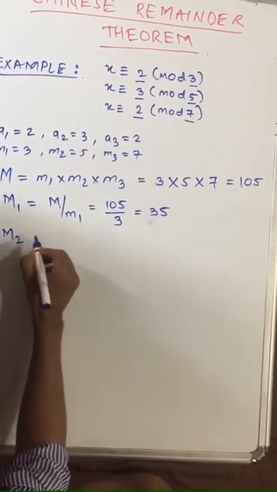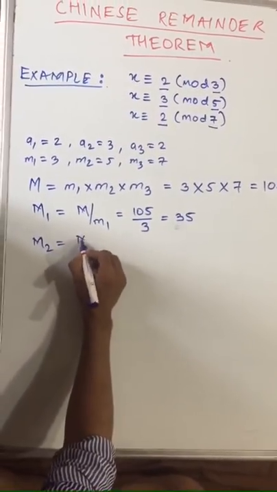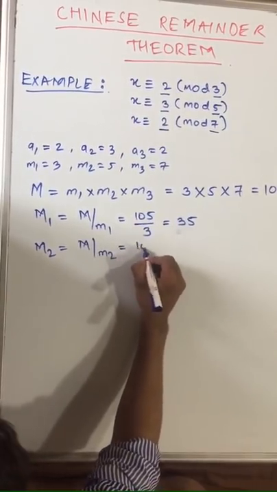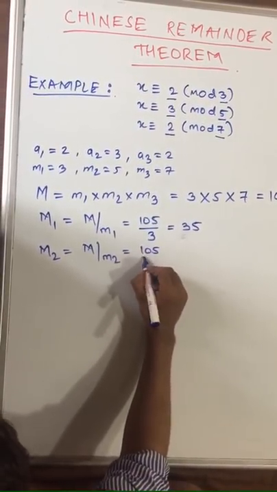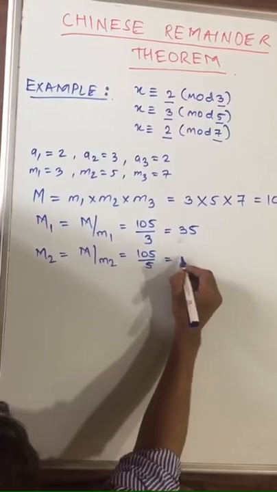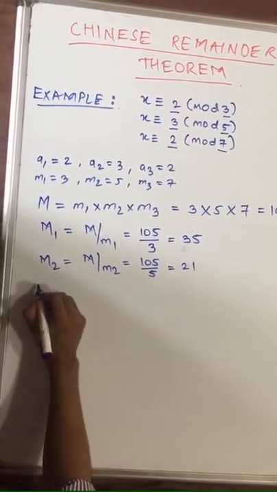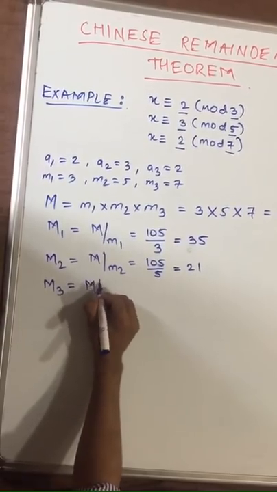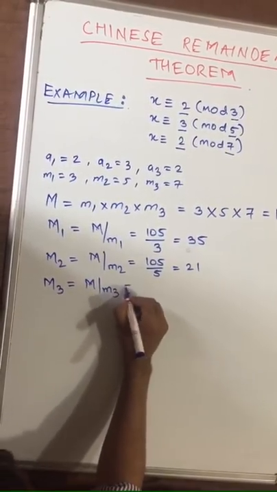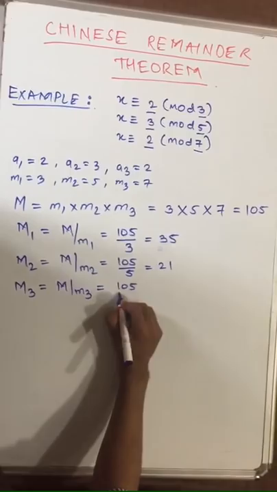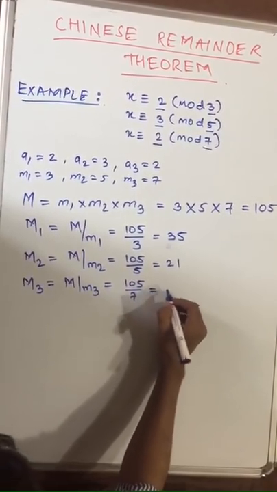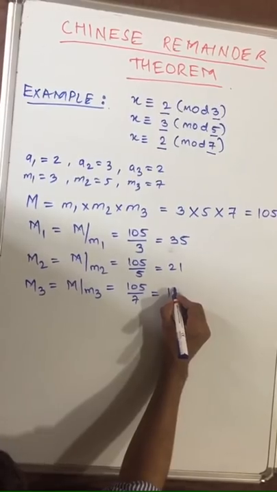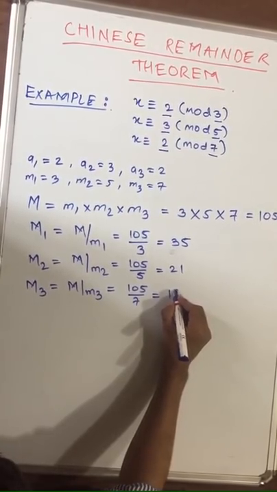M2 will be equal to capital M by m2, 105 by 5, which will be 21. Now M3 is capital M by small m3, 105 by 7, which will be equal to 15.